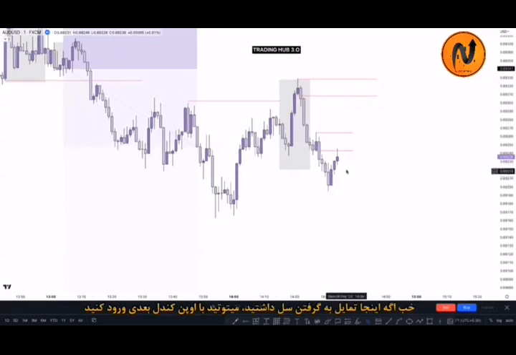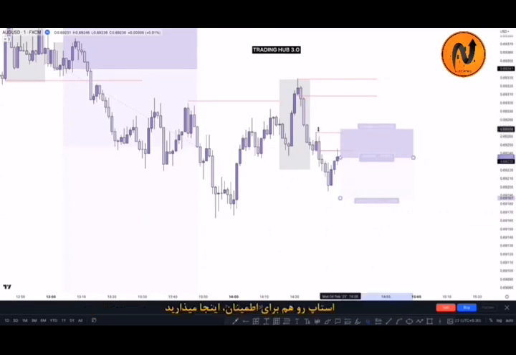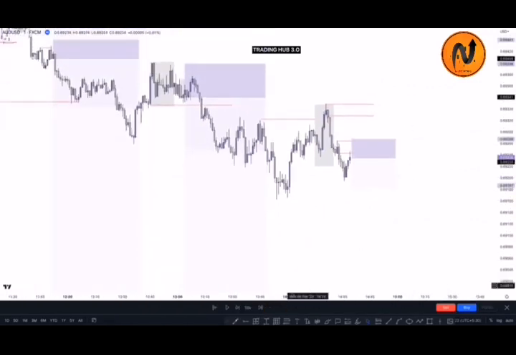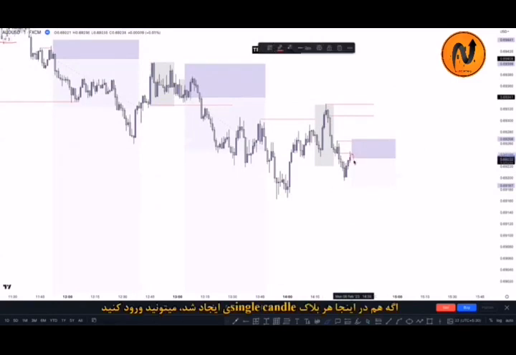So you can simply sell based on the next candle open if you are willing to sell, and you can also take entry on the next candle open, but put the stop loss just above it for the safer side. And if the market creates any single candle order block here, then you can also. So these are some possible scenarios here for the sell.